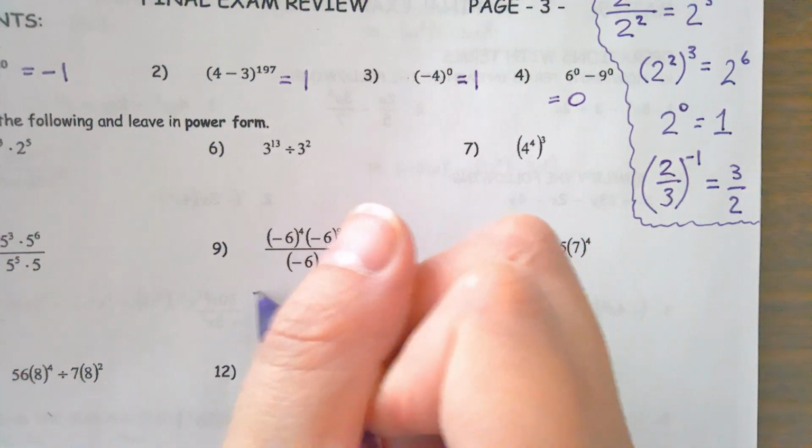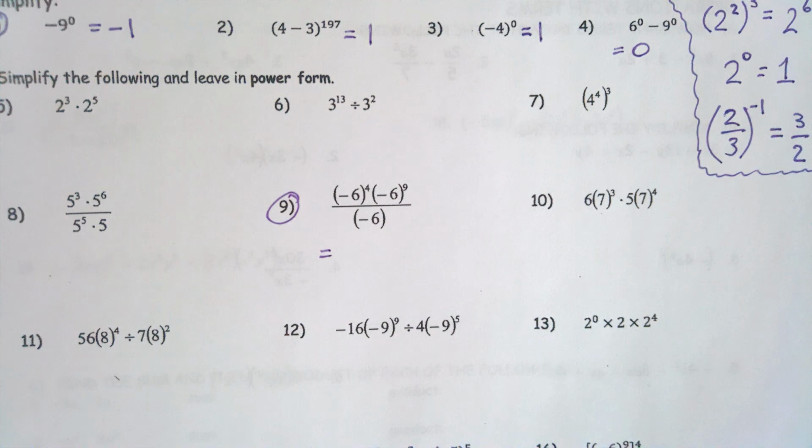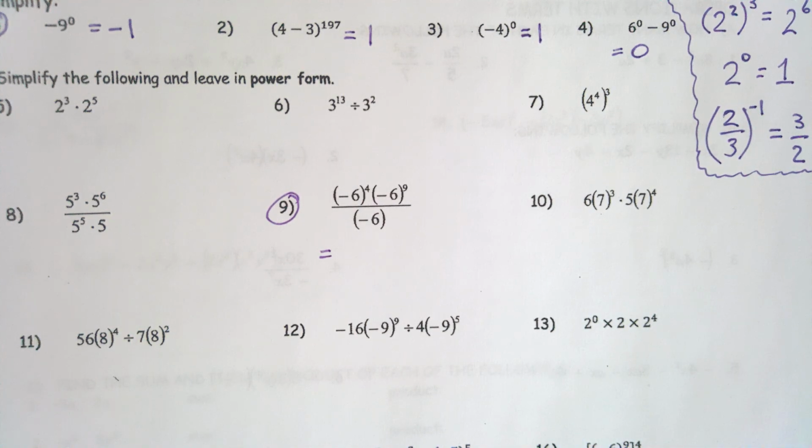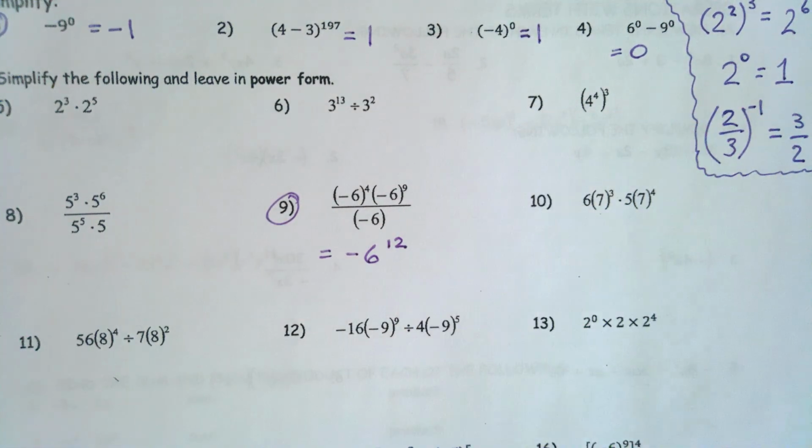Okay. We were talking about these rules, so let's try number 9 right here. Okay, who has an answer for me? All right, if you have an answer, put up your hand. Okay, Brian? Brian says negative 6 to the power of 12.